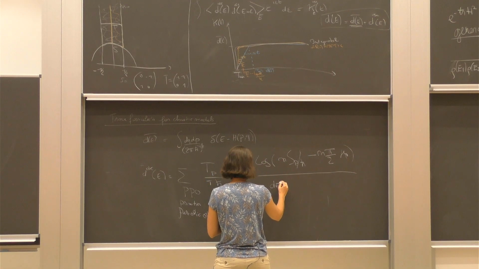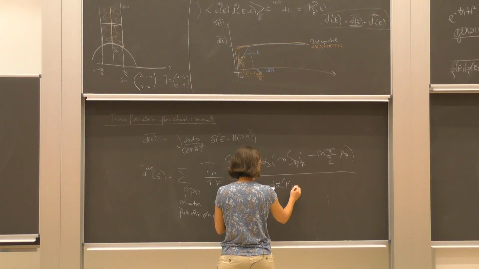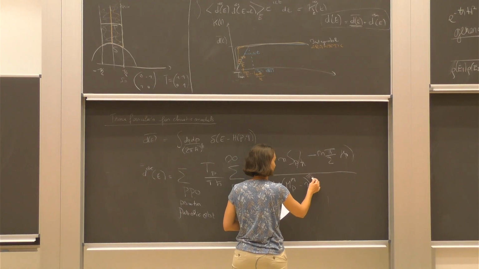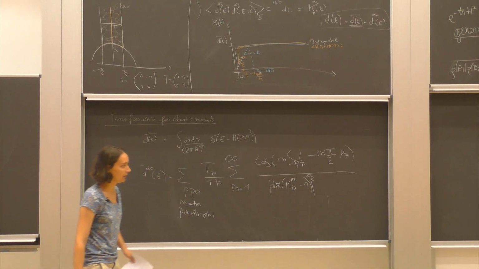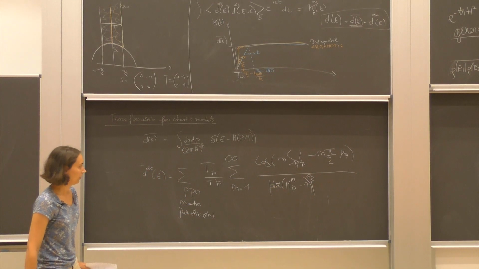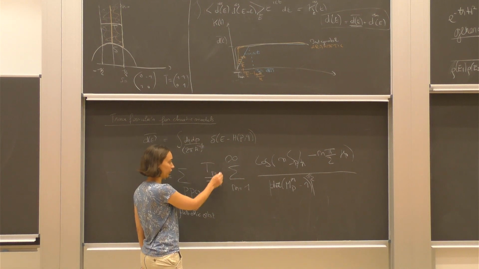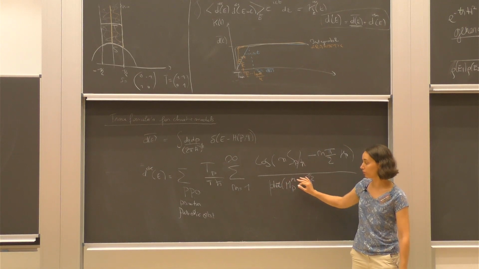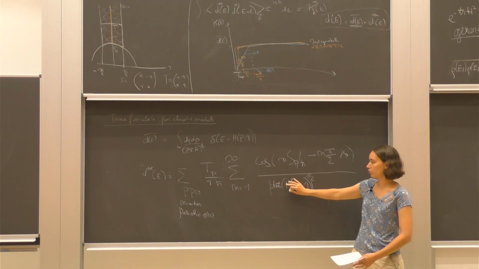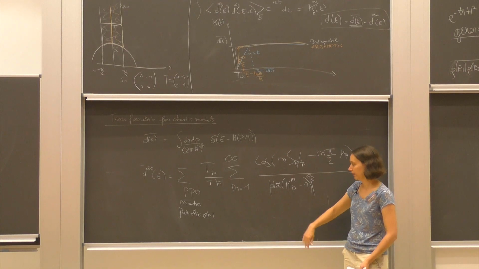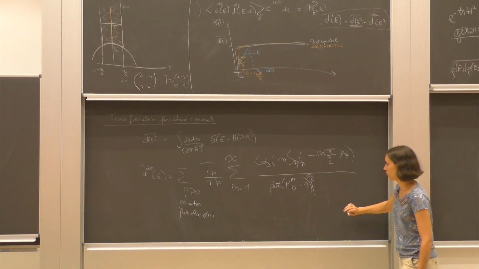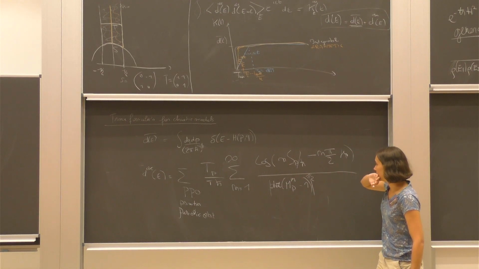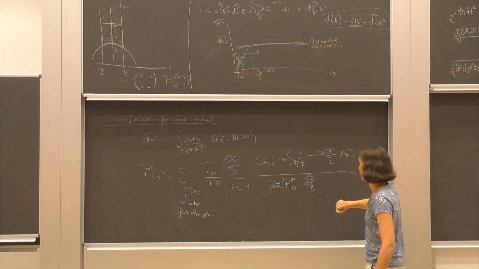I just want to give you a feeling for what it would look like and what are the ingredients that enter, so that whenever we compute it for the hyperbolic case, we can identify the various things. So this is the period of the primitive periodic orbit. This is the determinant of some matrix called the monodromy matrix, which describes the stability of the periodic orbit. We'll see what it looks like in the hyperbolic case, or at least for the orbits that we will consider.